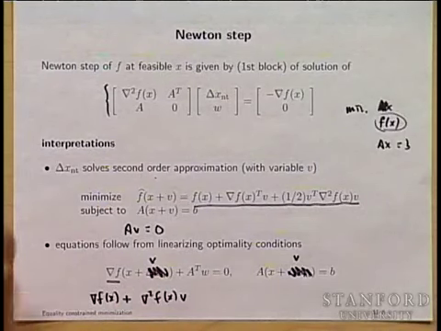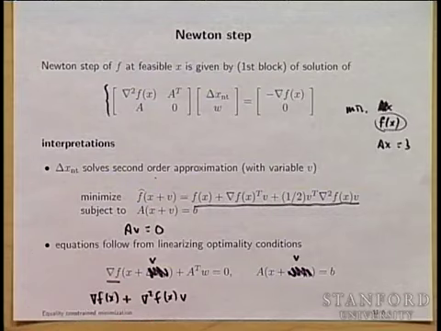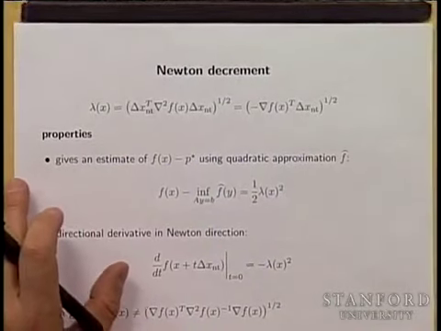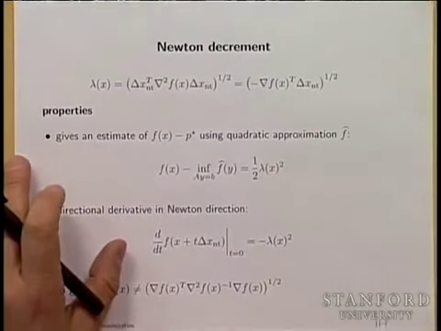Now, so that's the Newton step for equality constraints. Now, in this case, there's a Newton decrement as well. And there's many formulas for the Newton decrement. And I have to warn you, many, but not all of them, that are valid in the unconstrained case are valid in the constrained case. Some of them are invalid in the constrained case. So correct formulas are these. That's one. That's another one.